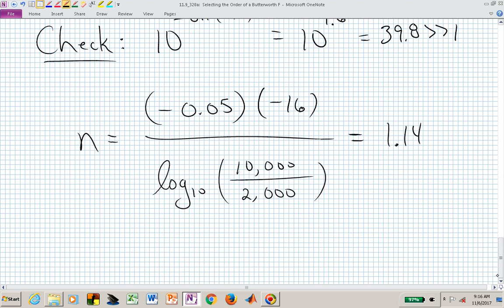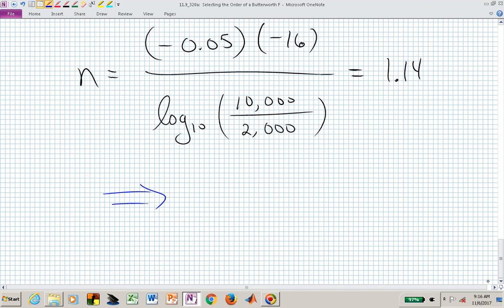And I think you can see that n, 1.14, is not an integer, which now says, oh, we need to go one more up from that whole number part of that n value. N gave us a 1 and a little bit more, so we actually need to design a second order filter in order to achieve these design specifications.